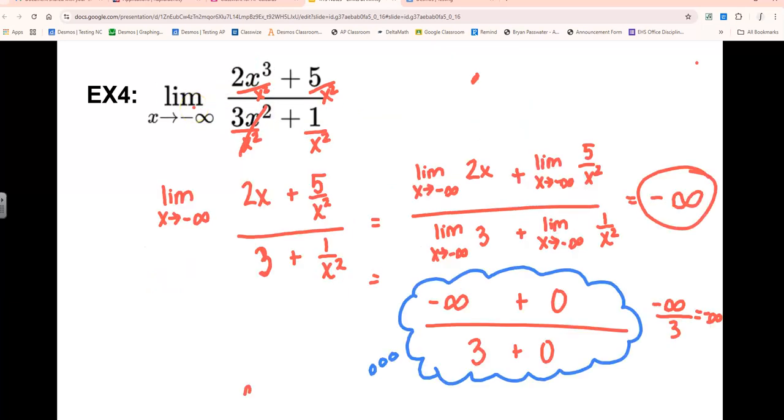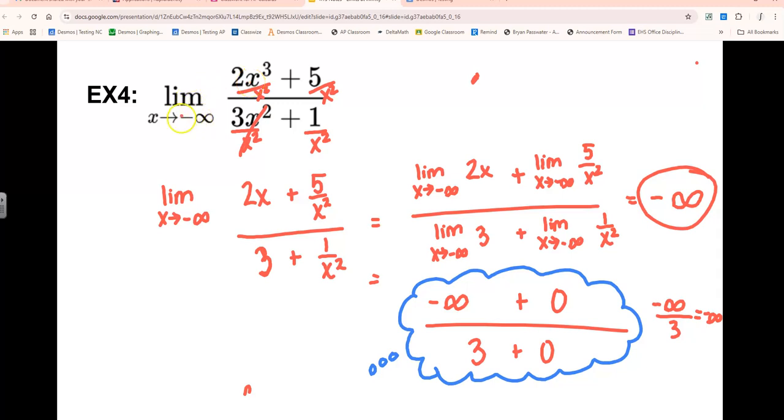And if I have a bigger exponent on the top, the opposite happens. The bigger exponent on the top of the fraction is getting bigger and bigger faster, so it's either going to be positive or negative infinity. You do have to think about this a little bit.